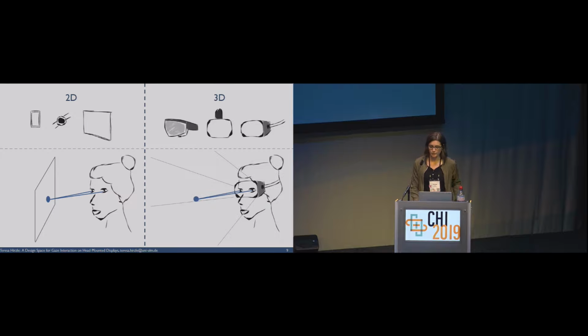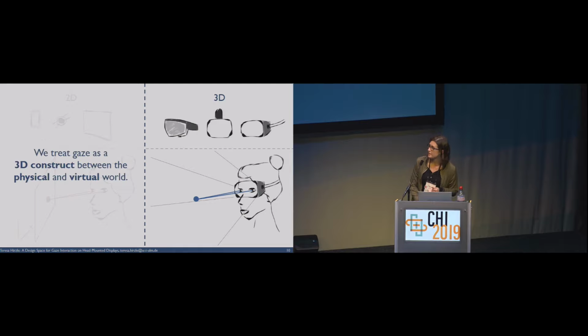However, with these new HMDs, we are able to create whole new three-dimensional worlds, or augment the existing 3D world with information at different depth levels. So we should consider gaze also as a 3D construct, somewhere between the physical and the virtual worlds we create with those devices.